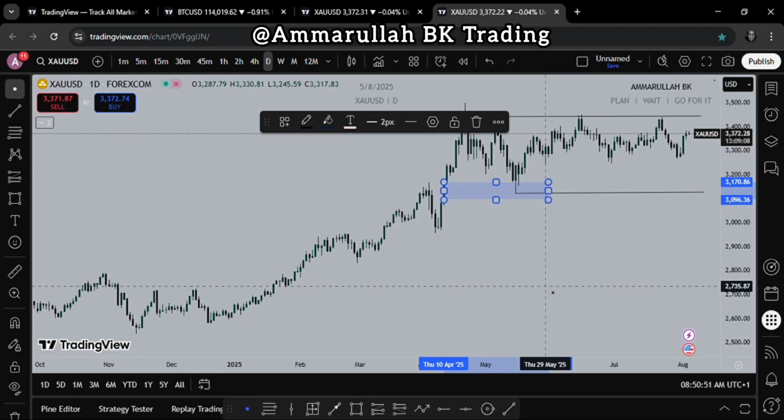A fair value gap is a price imbalance on the financial market chart, right? Where the market moves too quickly, leaving one or two candles without overlap, without a gap that is being filled. Normally, before price leaves a particular direction, it normally offers a fair value between the buyers and the sellers.